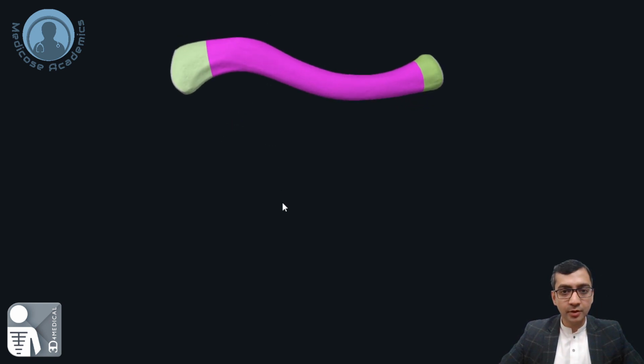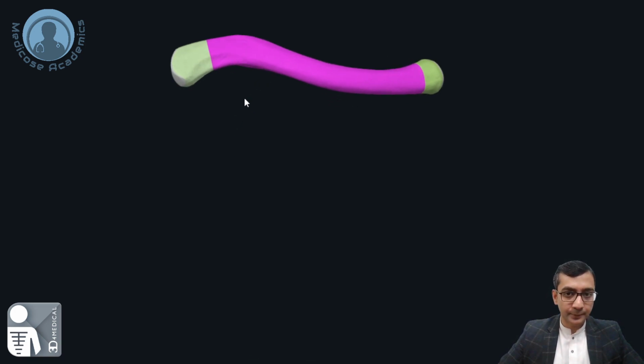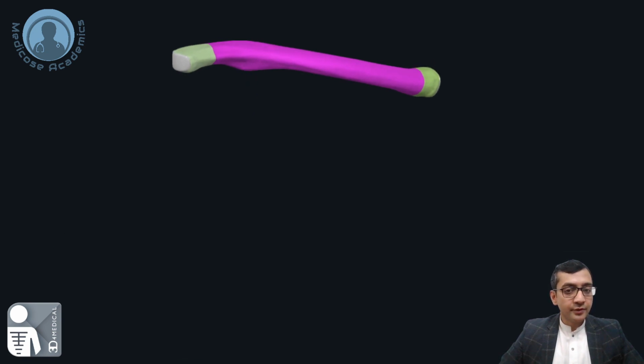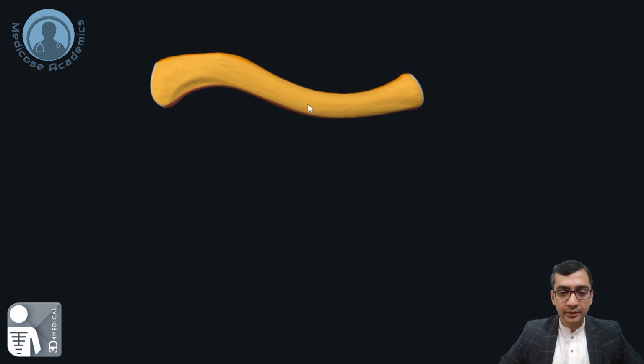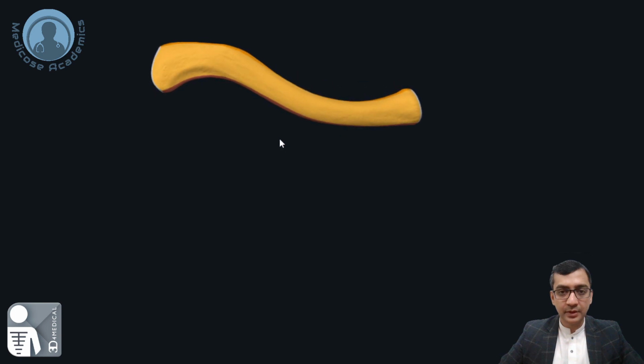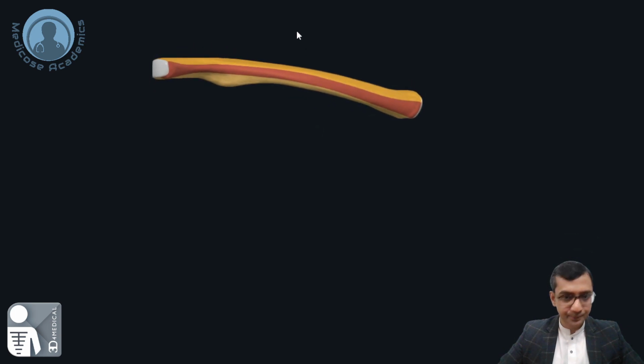The shaft is divided into medial two thirds and lateral one third. The shaft can be divided into anterior and posterior borders and superior and inferior surfaces.